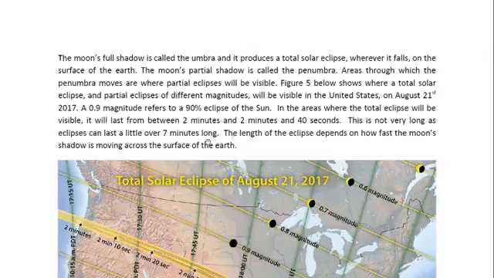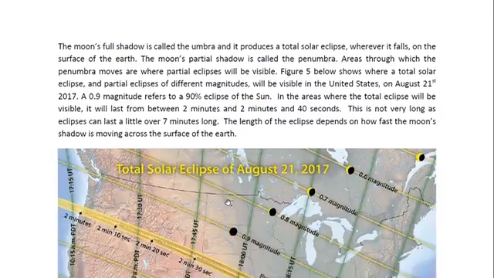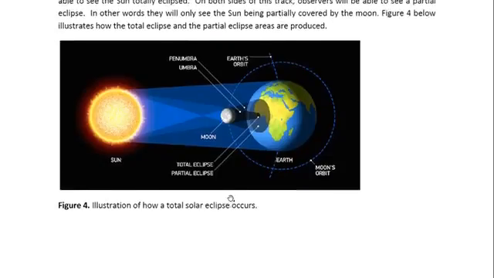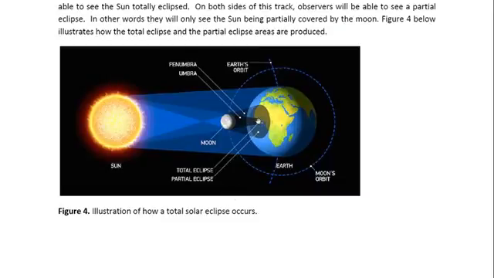Now, eclipses last up to 7 minutes, but the one we are supposed to get on the 21st of August will last between 2 minutes and 2 minutes and 40 seconds. And outside of the area of the full shadow, which is where you're going to get a total eclipse, you get different variations, which are termed different magnitudes.